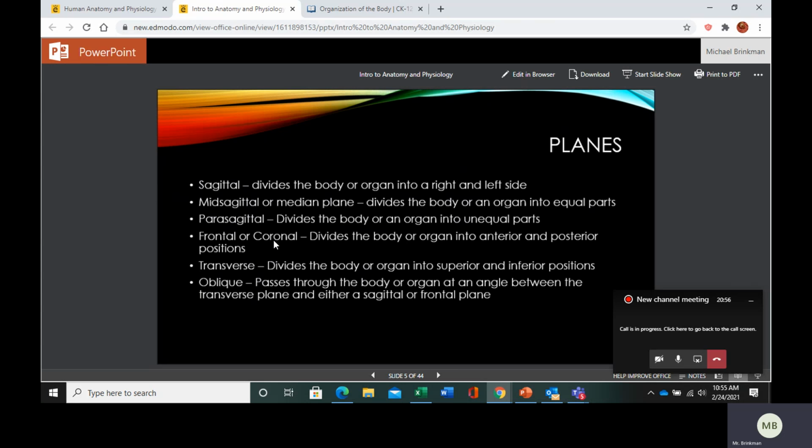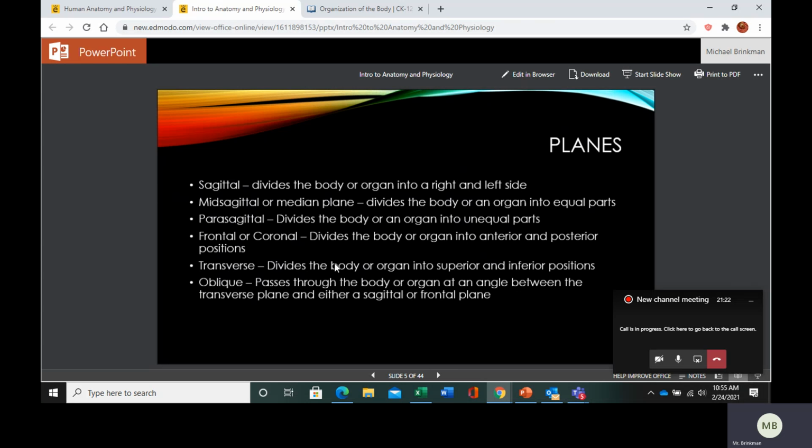Frontal or coronal divides it into an anterior and posterior position. So a front and a back. So it's kind of like you're drawing a plane through the side of the body, and it has a front and a back portion. All right.